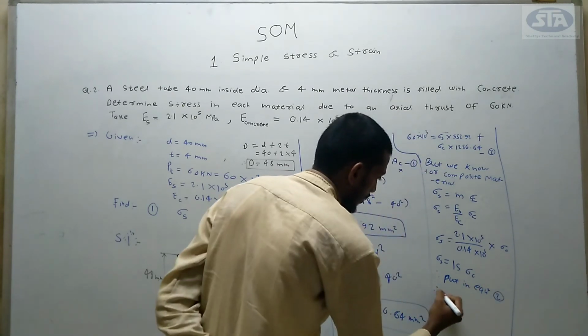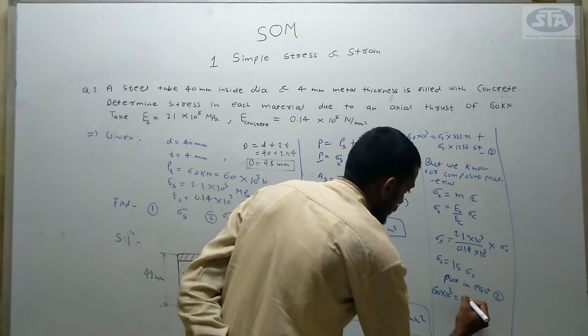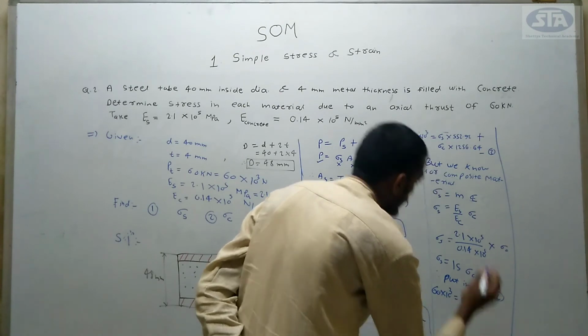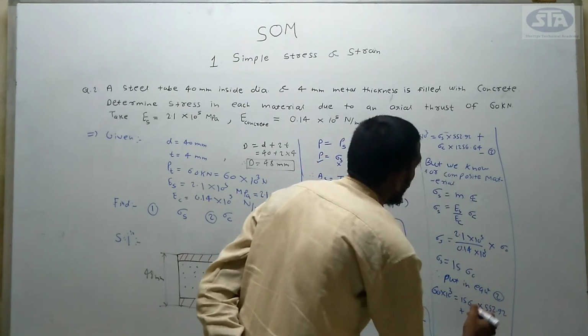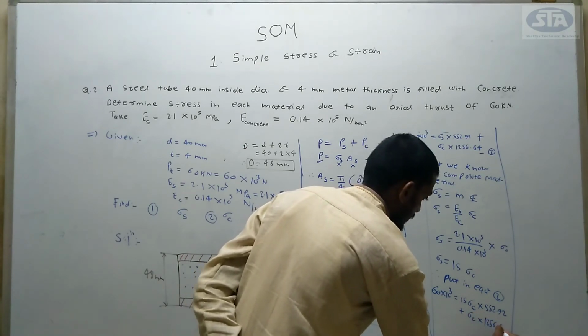Therefore, put in equation 1: 60 into 10 raised to 3 is equal to sigma of steel, which is 15 times sigma of concrete, into 552.92 plus sigma of concrete into 1256.64.